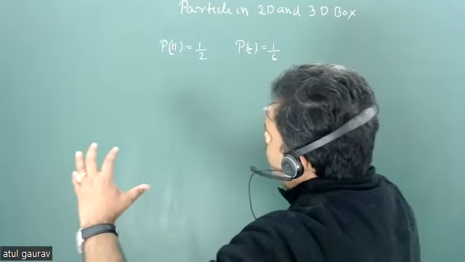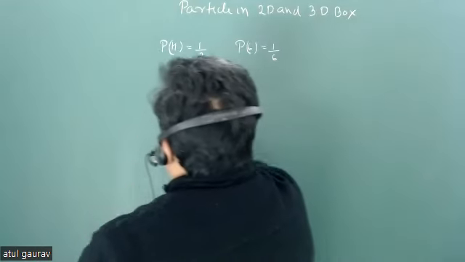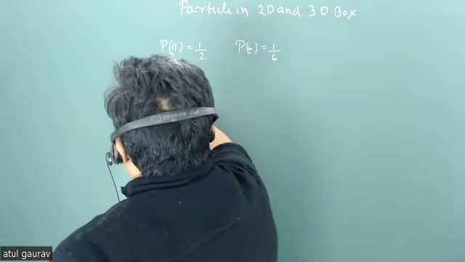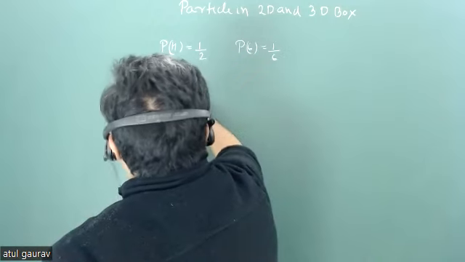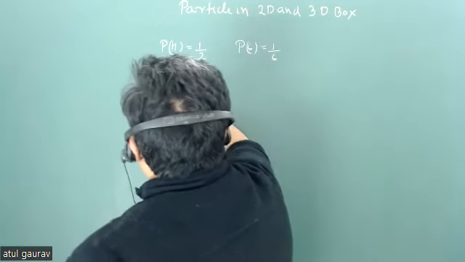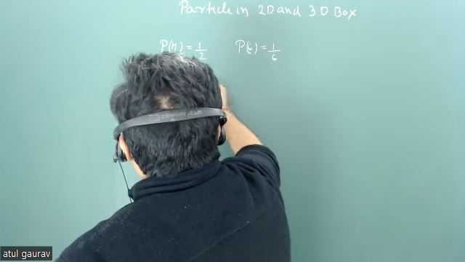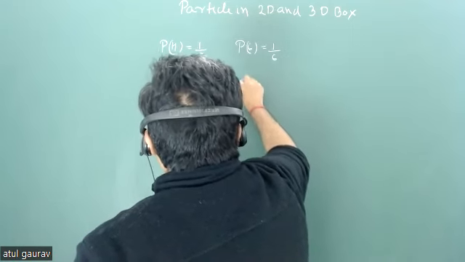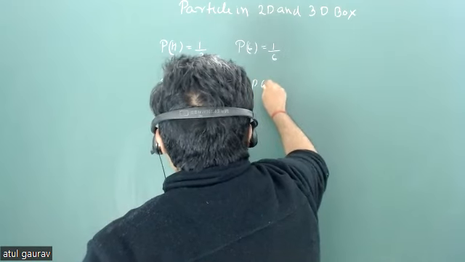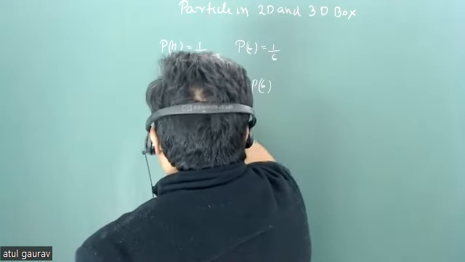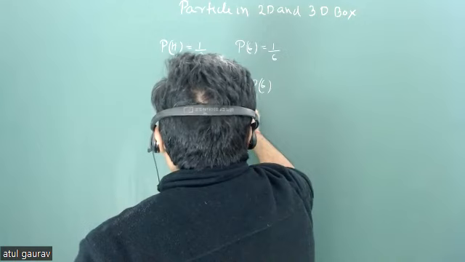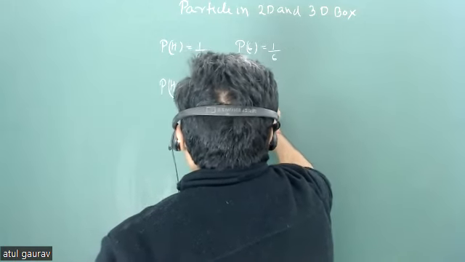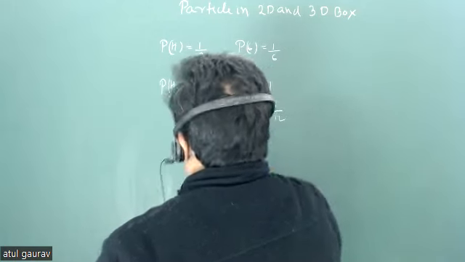Now we have two independent events simultaneously, and the probability of getting head and 6 is nothing but the probability of getting head into the probability of getting 6. This will be 1 by 2 into 1 by 6, that is 1 by 12.